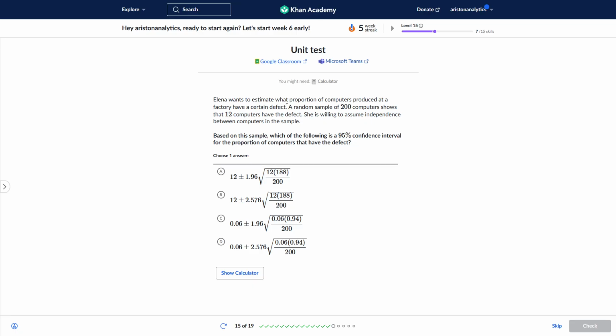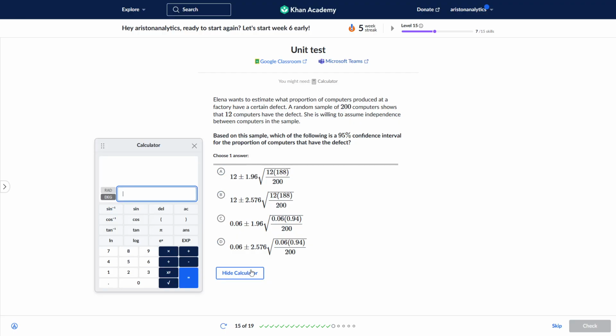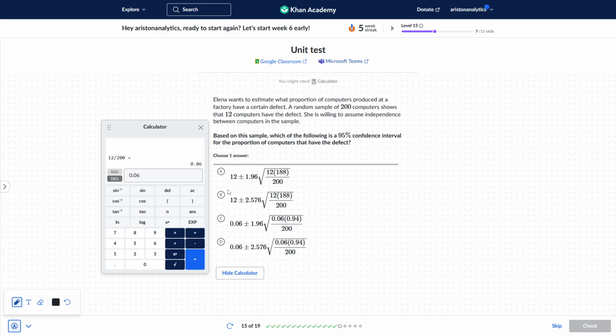Based on the sample, which of the following is a 95% confidence interval for the proportion of computers that have the defect? Yeah, right, okay. 12 over 200, 0.06. Cross these two answers out.